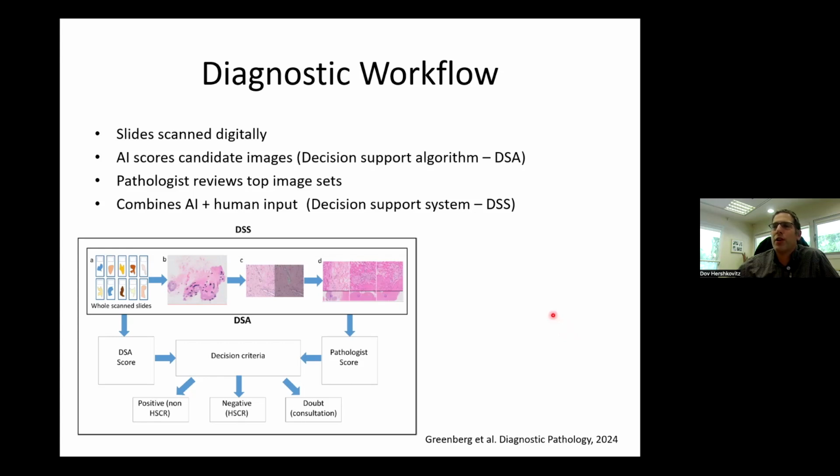But just to comment on what you said, even our diagnostic workflow is not AI by itself. It's a combination of AI and pathologist. So there are two elements. There is the decision support algorithm.